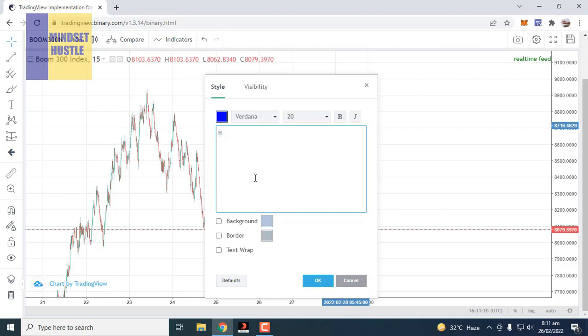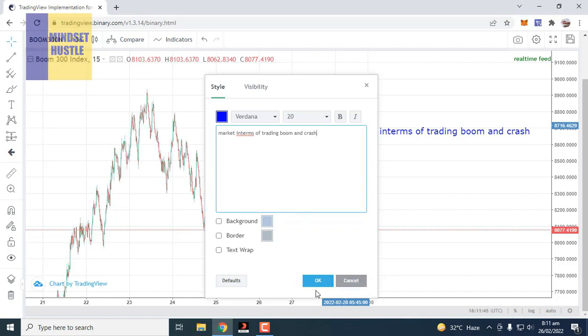All right, so as I said, today we are going to look at part 1, which is very important, you need to understand. In part 1 we are going to look at the market structure in terms of trading boom and crash.